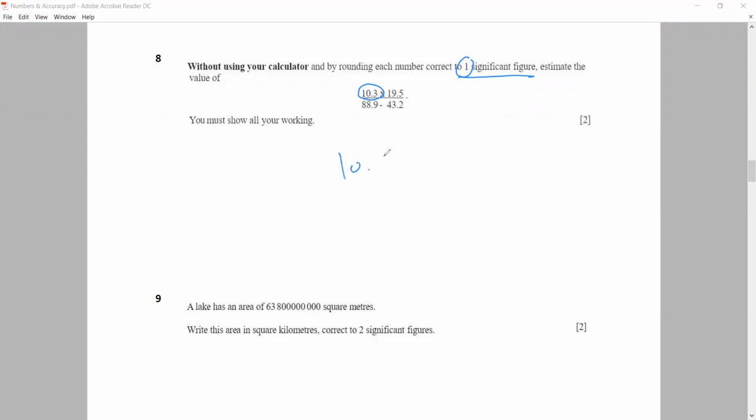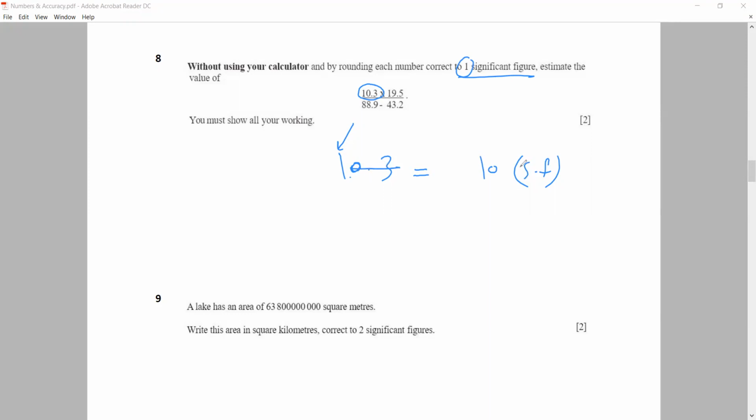So for 10.3, I have to keep 1, right? But you cannot write 1, that is wrong. That's not what I mean. So 0, you have to keep 0. Okay, this 0 has a meaning, so don't just erase everything.